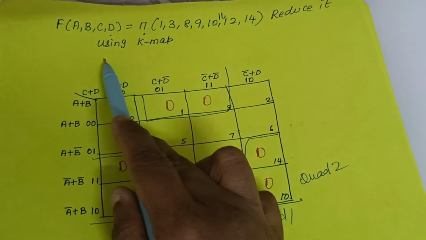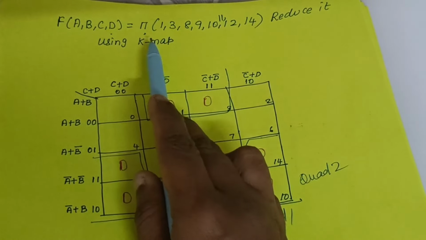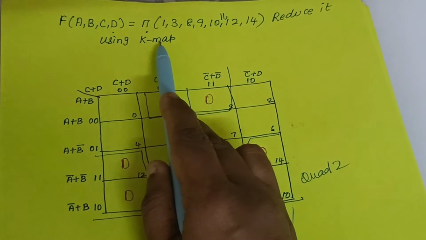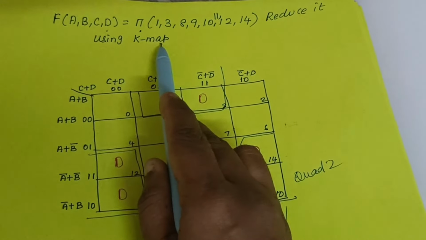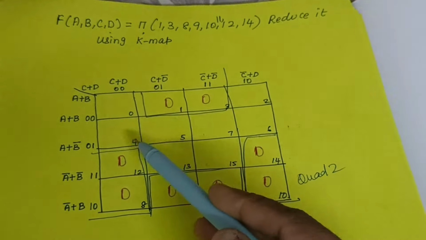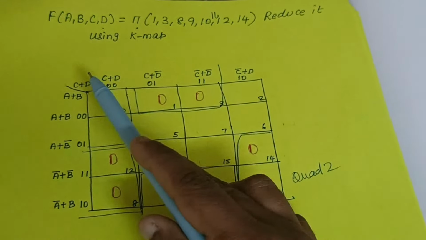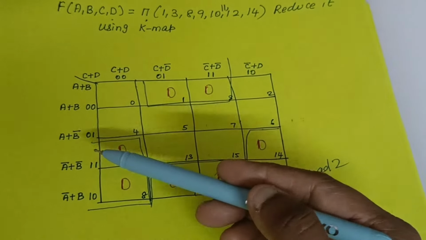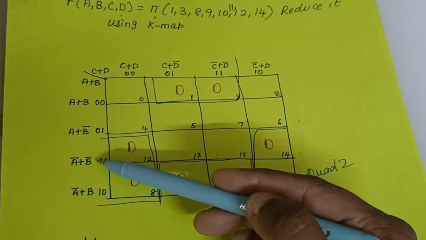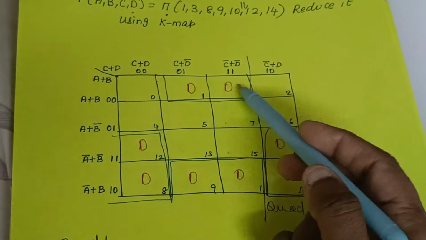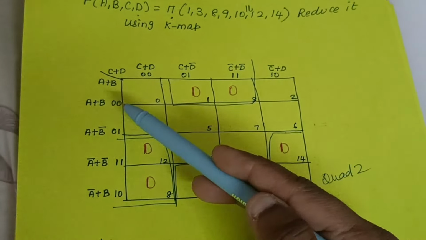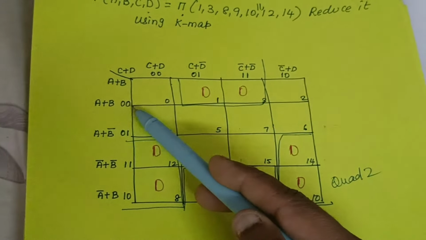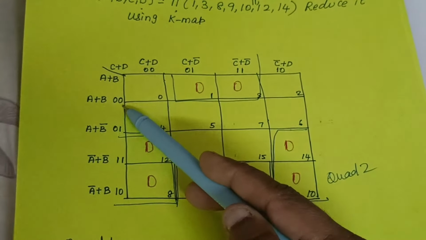I already told you that there are two types of Kmap problem. One is SOP, which uses the sigma sign, and the next one is POS, which uses the pi symbol. The same question I showed in the last video, how can you solve it using POS? You can see the same 4 variables here, 4 rows and 4 columns. Here are the changes. The 0, 0, 0, 1 is common in both SOP and POS, but the way of representing the variable is different. In SOP, wherever 0 comes, you mention the complement.